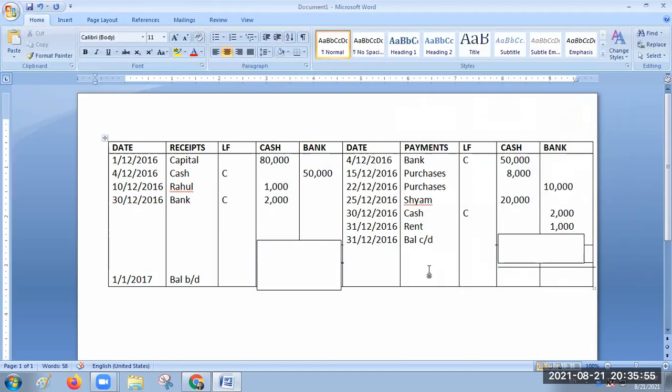Completed, sir. What is the balance that you got? Sir, in the cash column, 5,000. Here it is 5,000 according to you. Bank column, 37,000.